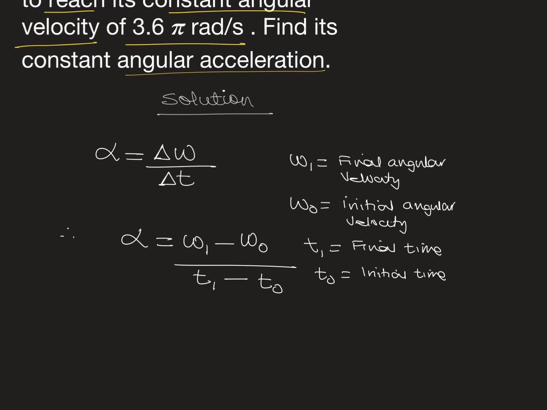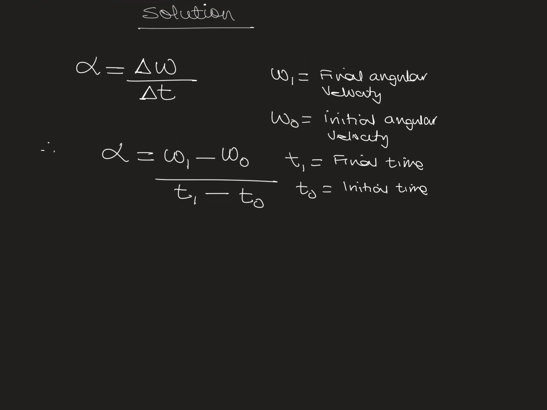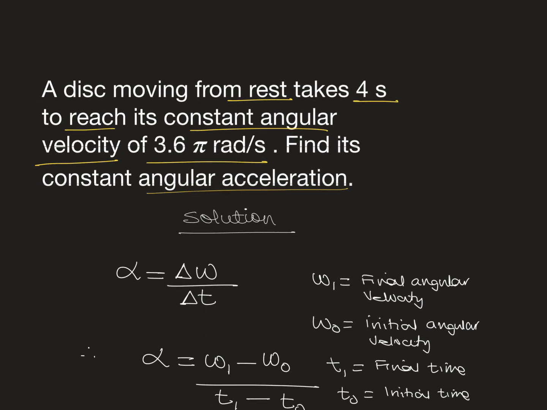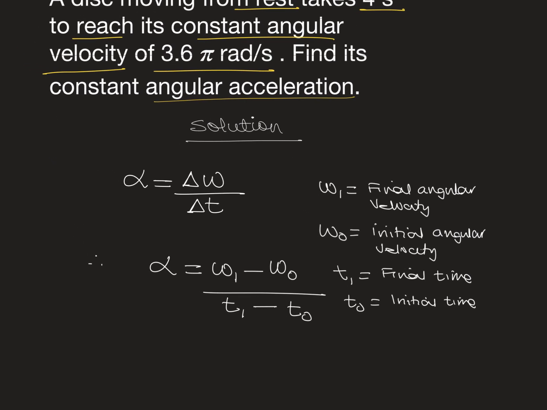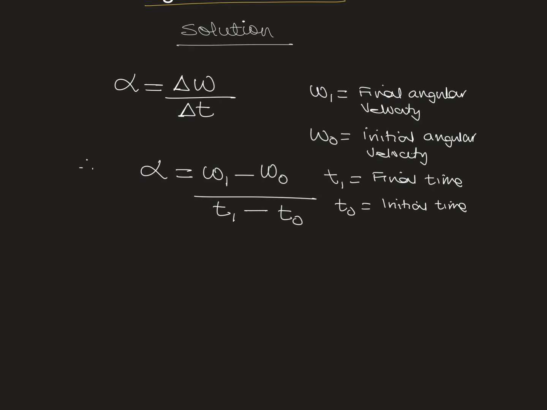Okay, so if the body is moving from rest, we know that the initial situations will be 0. Which means the initial angular velocity will be 0 radians per second.